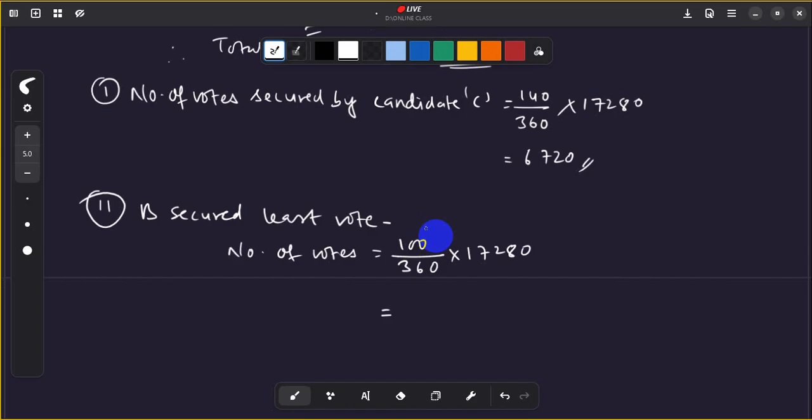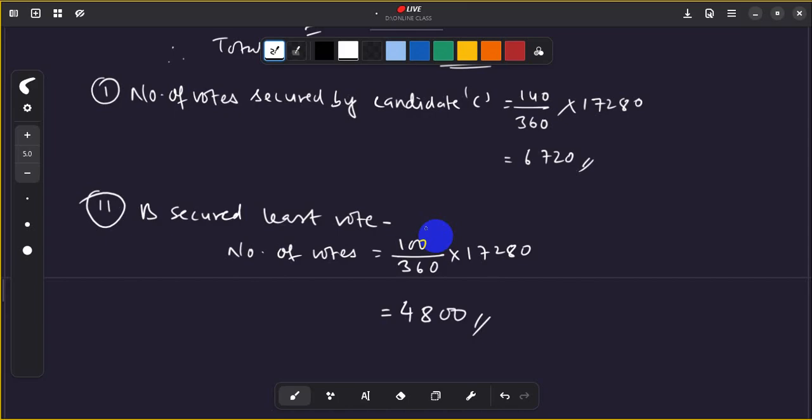In order to convert the number of degrees into the number of votes, we need to divide the number of degrees of that particular candidate by 360 and multiply it by 17,280, the total number of votes. So it will be 100 times 17,280 divided by 360, which is 4,800. So this is the total number of votes secured by candidate B.